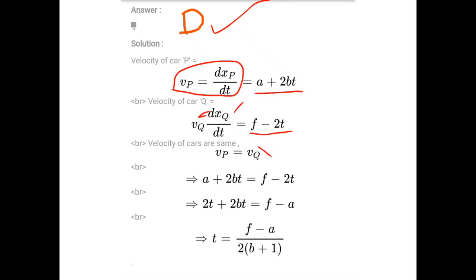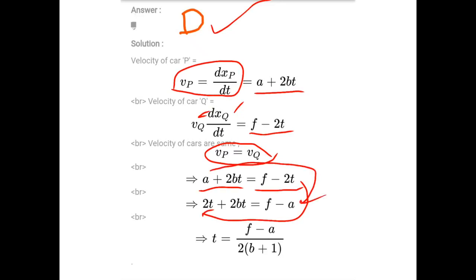So when P and Q have the same velocities, you are equating a plus 2bt and f minus 2t. Here suppose this 2t goes to this side, what happens? And if a goes to this side, what happens? So you are rearranging the formula. After rearranging, you are getting t is equal to f minus a by 2 into 1 plus b is the correct answer. Option D is the correct.